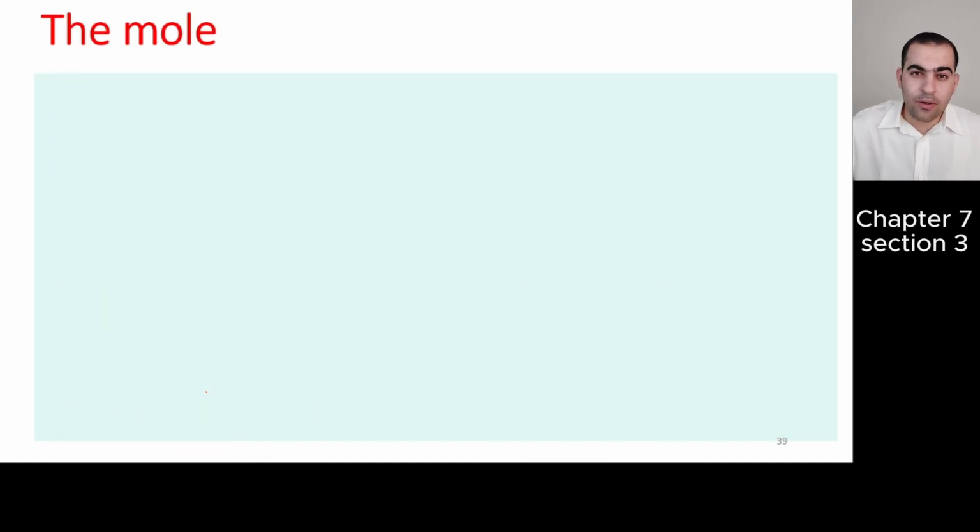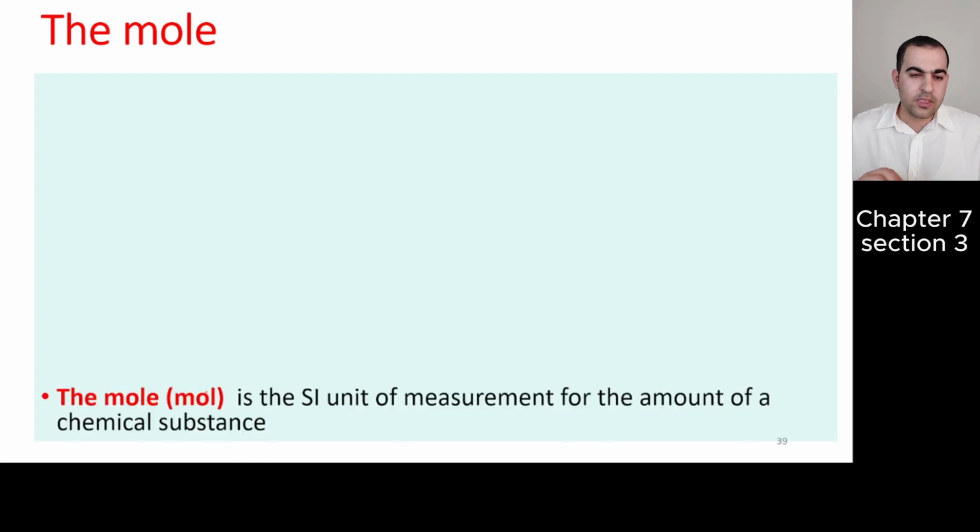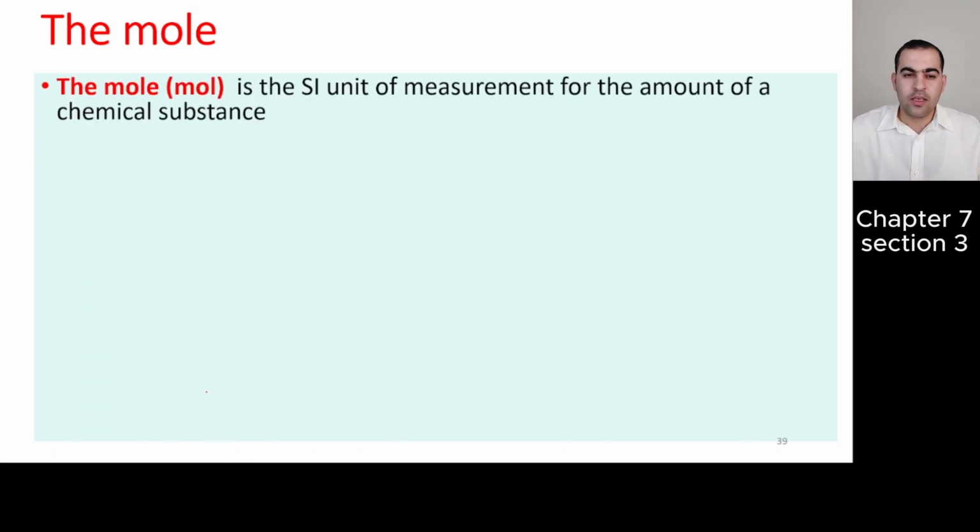Guys, the mole. Mole is very important in chemistry. To understand the amount of a substance when 2 chemical substances react, to know their amount of substance, the mole is very important. It gives us information about the amount of substance. So what's a mole?